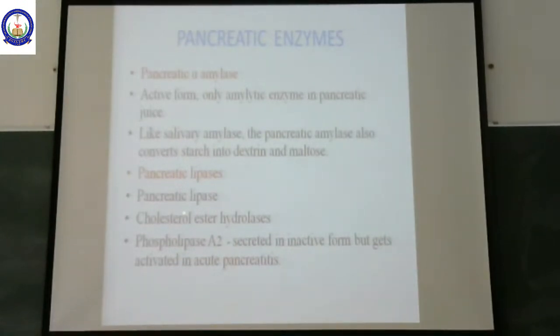Then we have phospholipase A2, which is secreted in the inactive form, but it gets activated in case of acute pancreatitis. This is a disease condition. These are the lipid dissolving enzymes secreted from the pancreas. I repeat, it is the pancreatic lipase and cholesterol ester hydrolases.